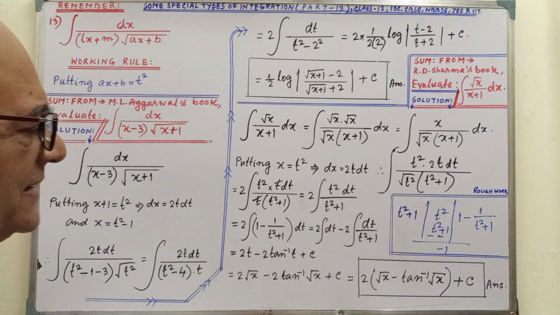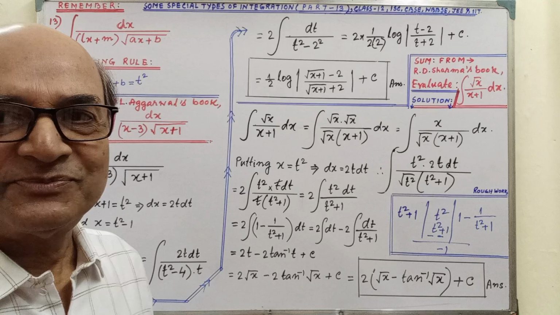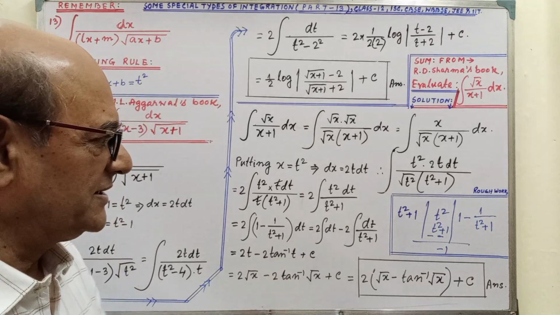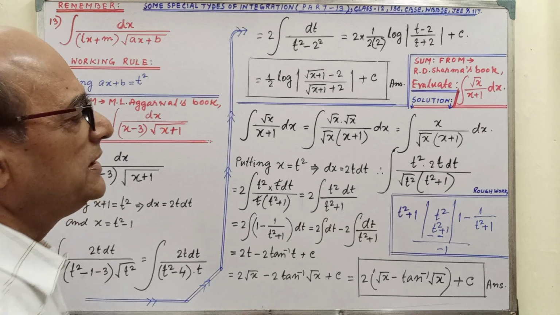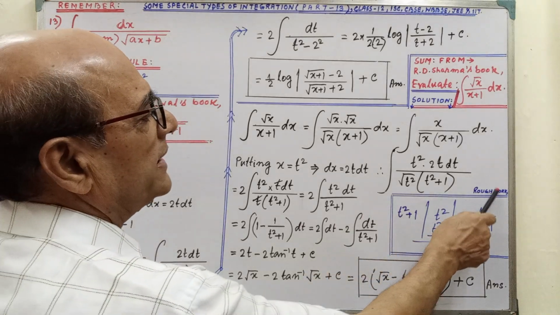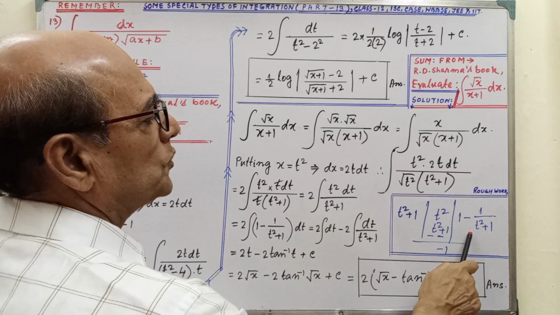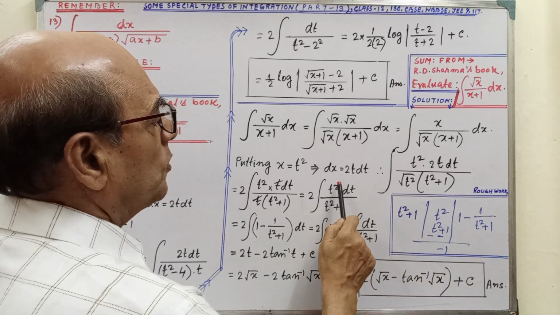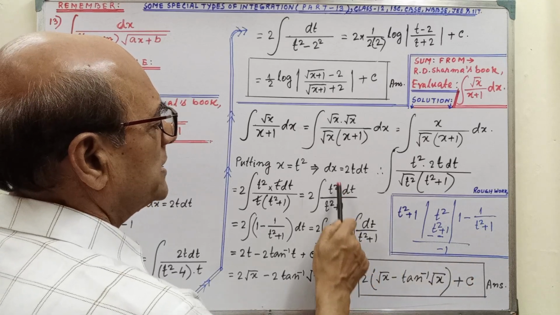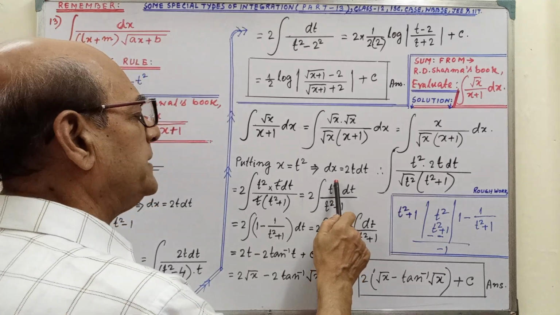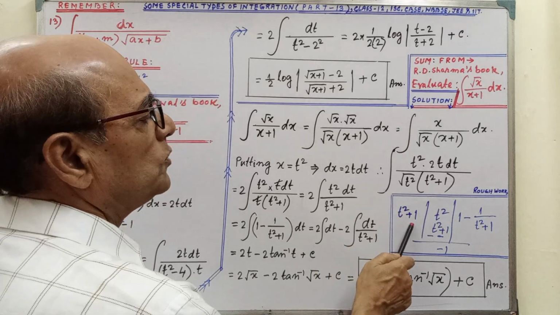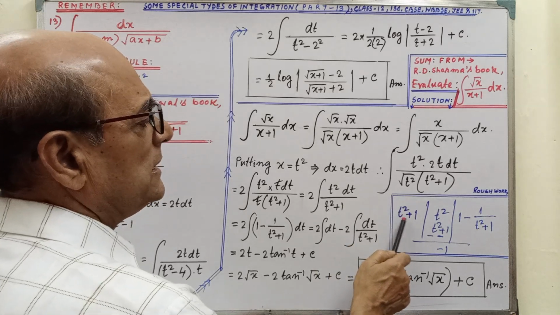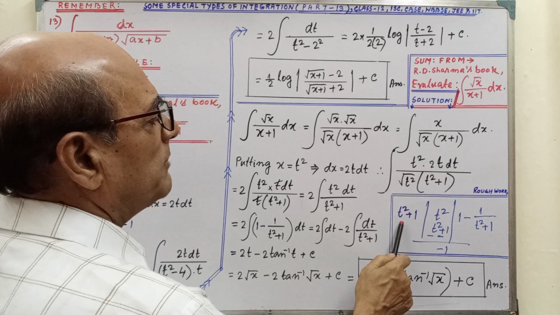Now we are not getting the frame of the formula, the standard form of the integration. This type of sum you have already seen previously. Now I have done rough work here, I have shown it clearly. When the numerator and denominator have the same power, or the power of the numerator is greater than the denominator, then you will follow this method. That is, you will divide the numerator by the denominator.